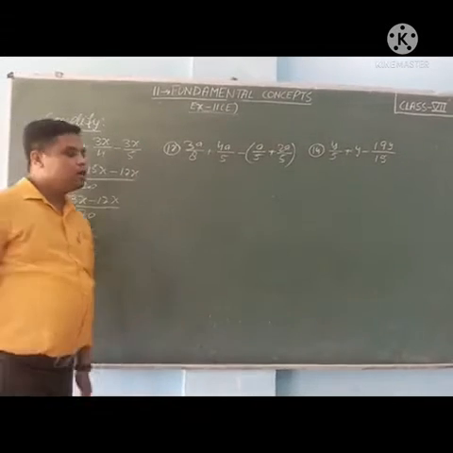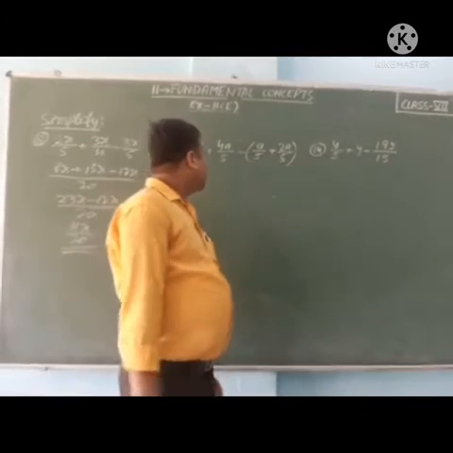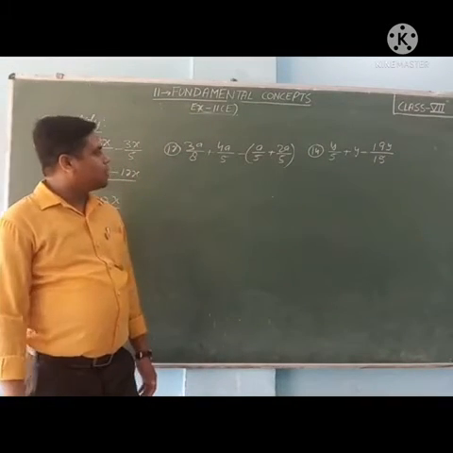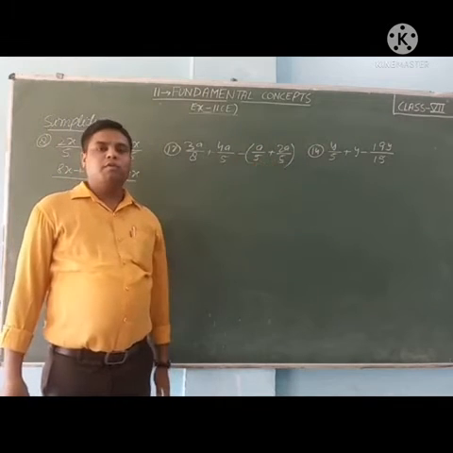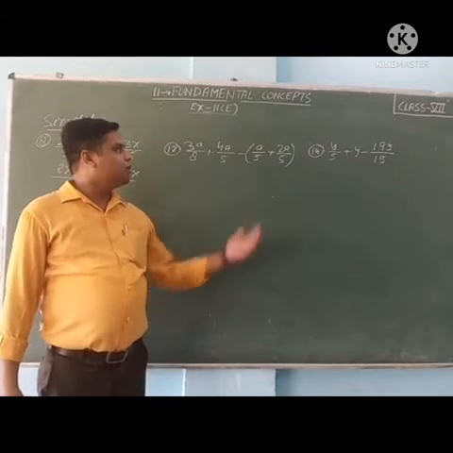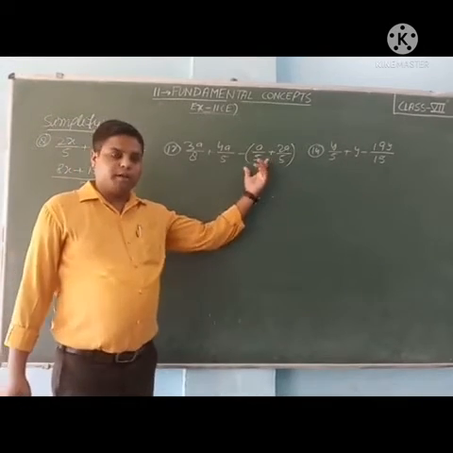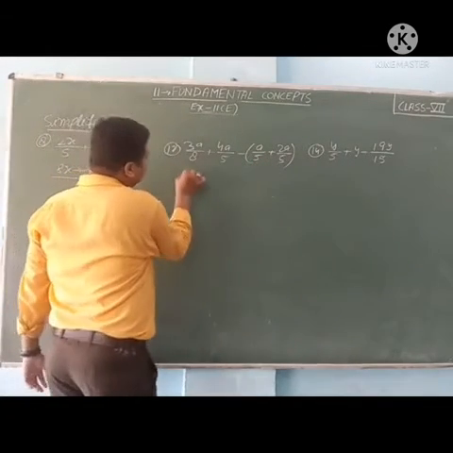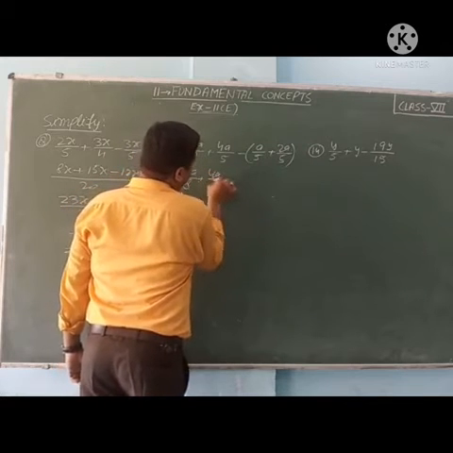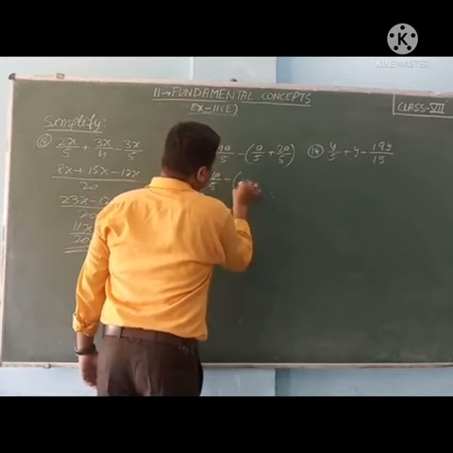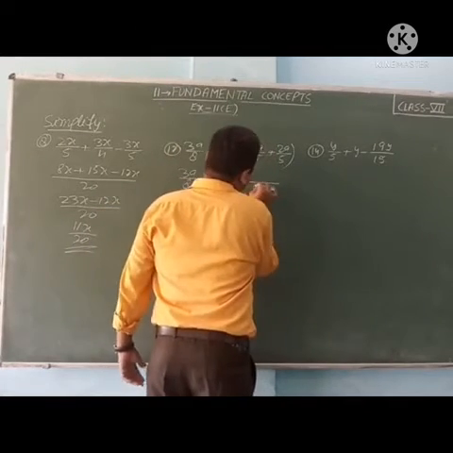Now move to the 12th sum. 3a upon 8 plus 4a upon 5 minus, bracket, a upon 5 plus 2a upon 5. First of all, we will solve the bracket. Rest we will write as it is. So 3a upon 8 plus 4a upon 5 minus, here 5.